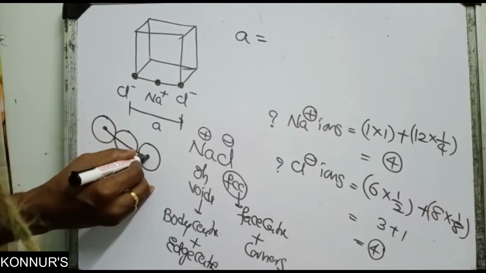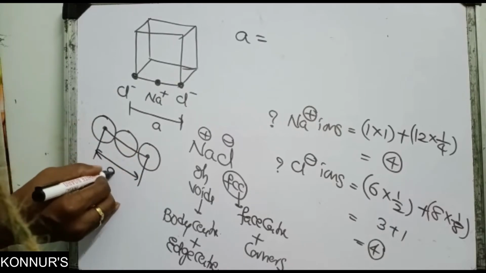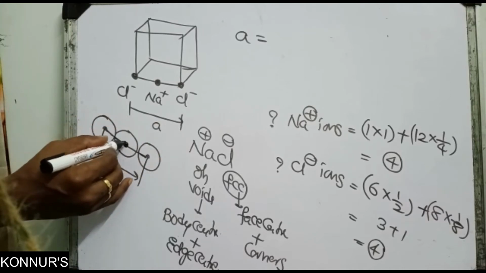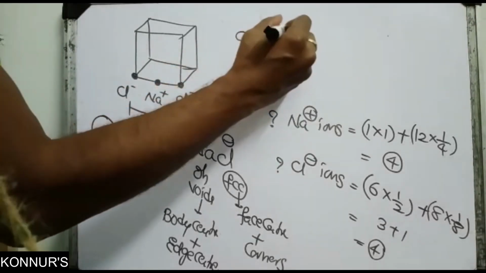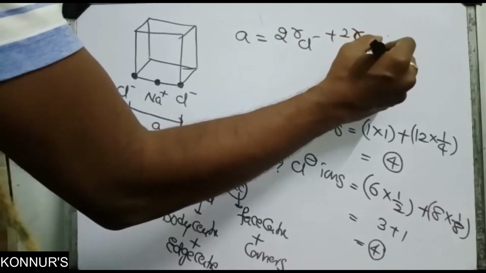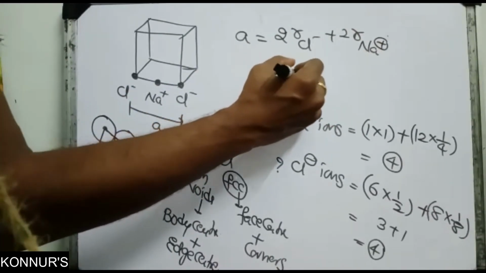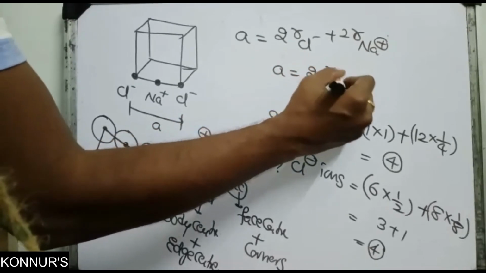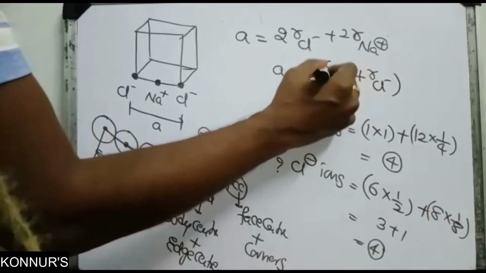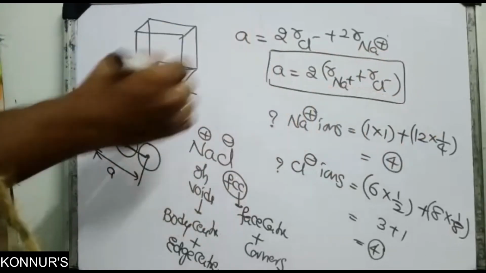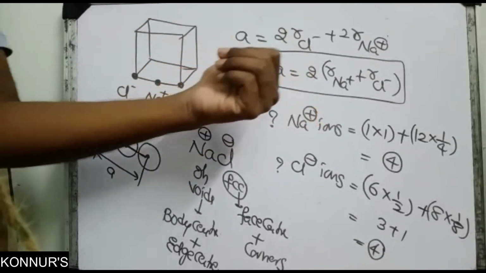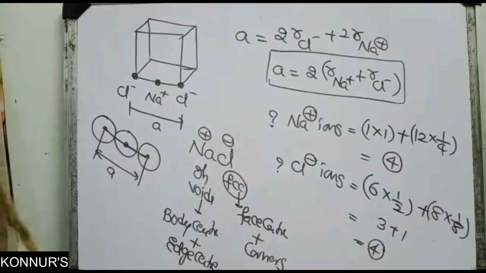So here to here is the edge length. Here is the Cl radius, and here is the sodium radius. So 2 times the radius of chlorine plus 2 times the radius of Na+. Very, very important: a equals 2 into the radius of Na+ plus the radius of Cl-. Of these three values, Na+, Cl-, and a, they will provide two and ask for the third one. So very, very important.